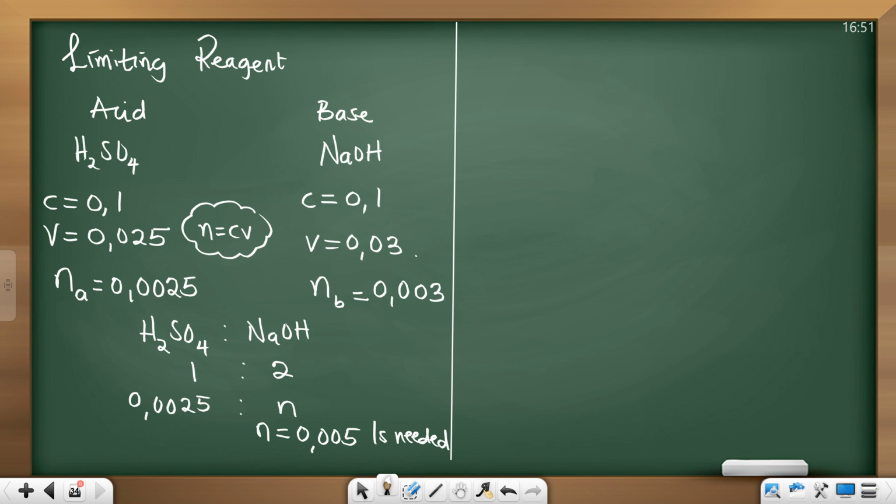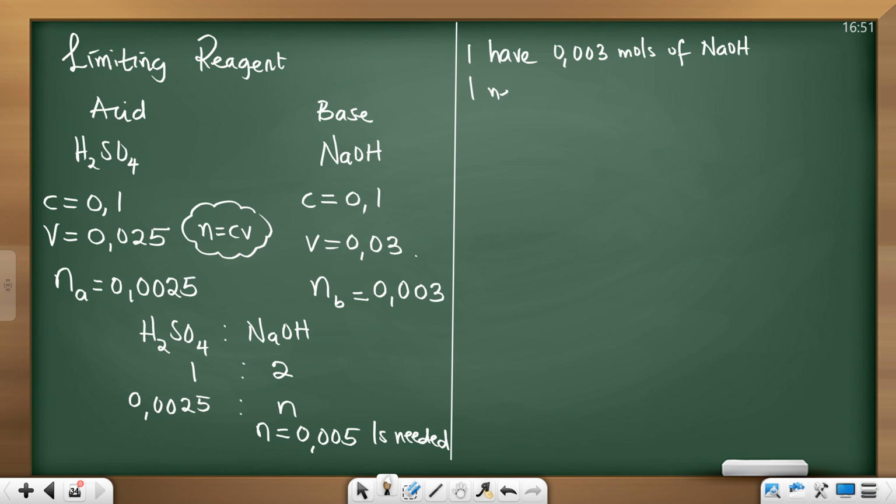But how many moles of base do I have? I need 0.005, but I have 0.003. Is it enough? So I have 0.003 moles of what? Sodium hydroxide.